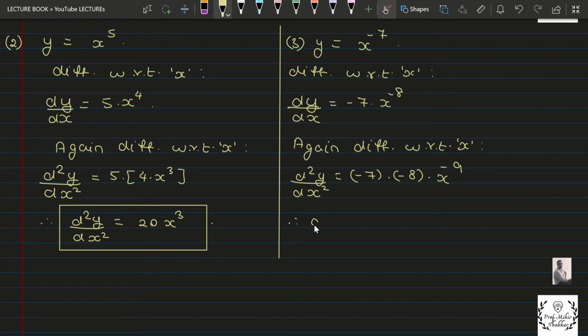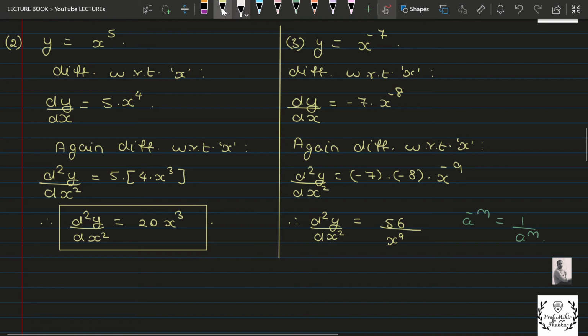So students, I get the answer d square y upon dx square is equal to 7 into 8, 56 upon x to the power 9. I am using the law of indices over here, which is a raised to minus m is 1 upon a to the power m.